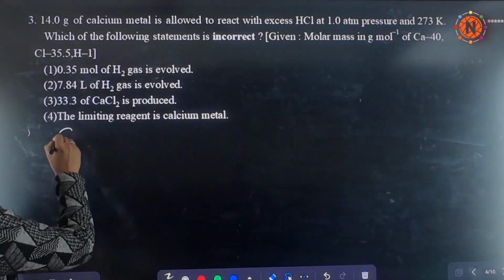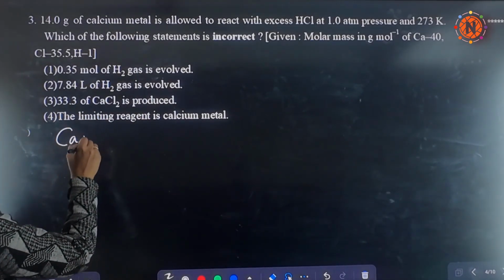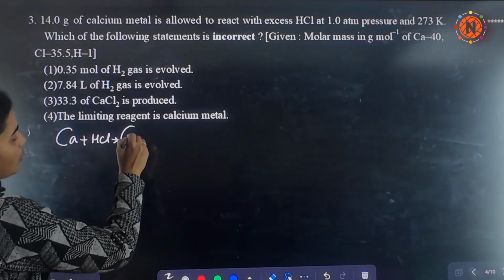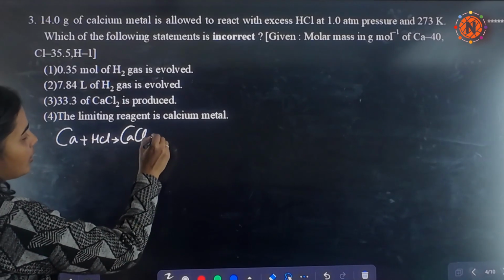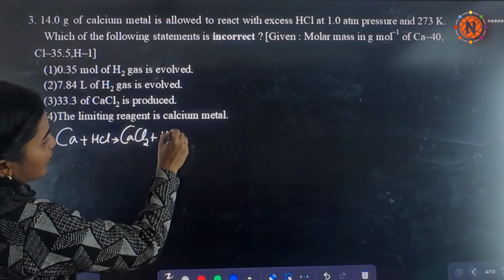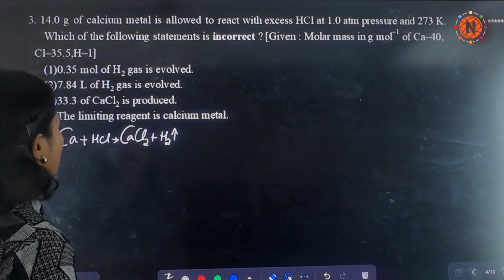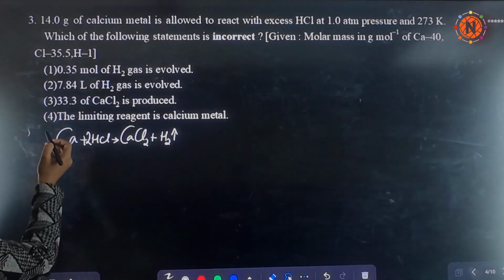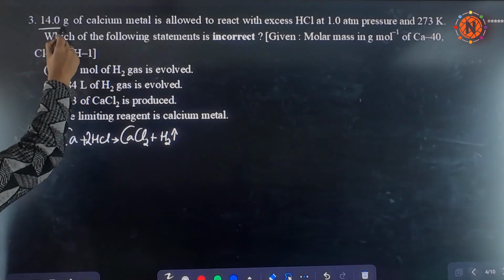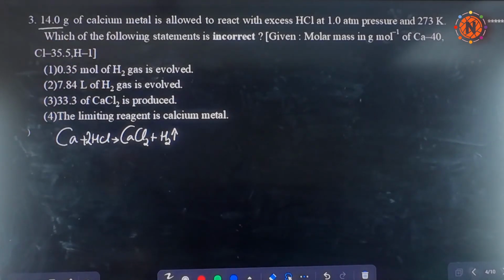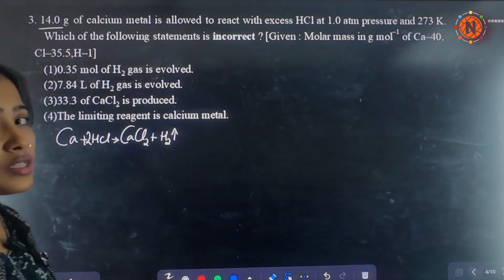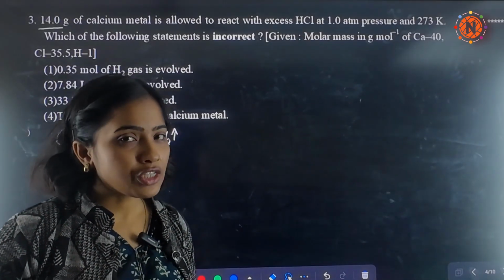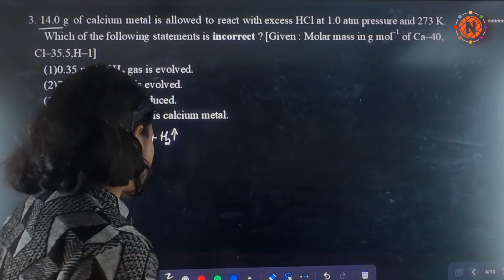This calcium when it reacts with HCl will give us calcium chloride, and hydrogen gas will be evolved, right? Now, how much mass of calcium is used? It is 14 gram. By using this, we can also find out the number of moles of calcium used in this reaction. So let's find out.